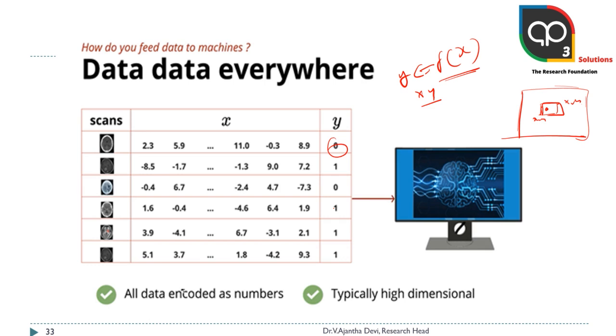And the second thing that you need to understand is that whatever data you have should be in some machine readable format, right? In the case of imaging, it's not very difficult. For example, if this is an image of 28 by 28, or say 30 cross 30, it means 900 pixels.